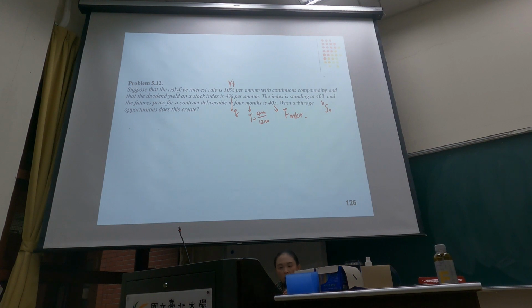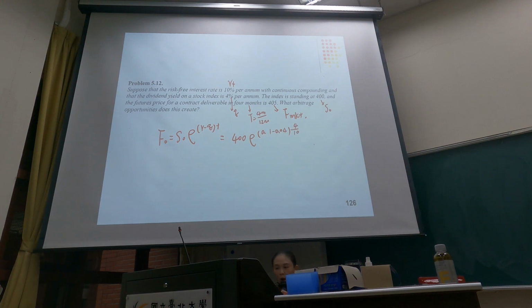First of all, this time there is a dividend involved, right? F0 equals S0 times e to the power of (r minus q)T, which equals 400 times e to the power of (0.1 minus 0.04), where 10% is 0.1, to the power of 4 over 12.